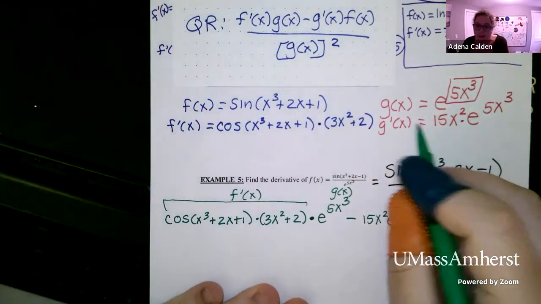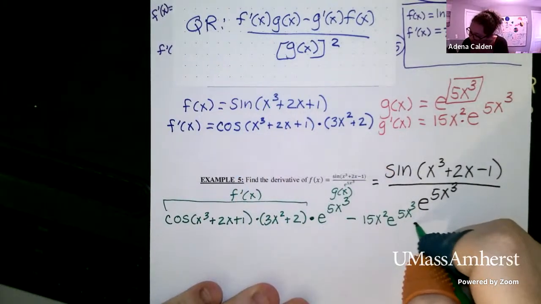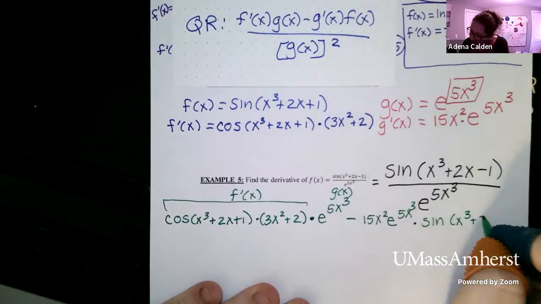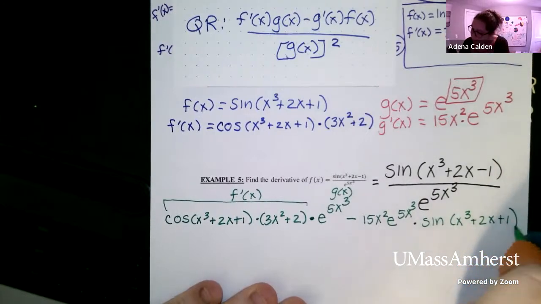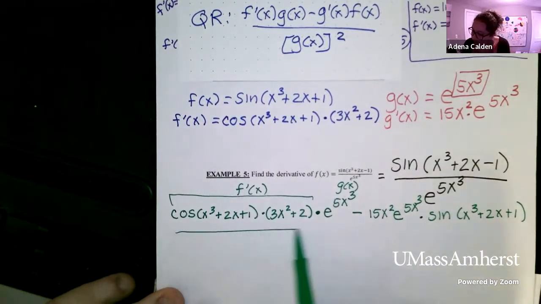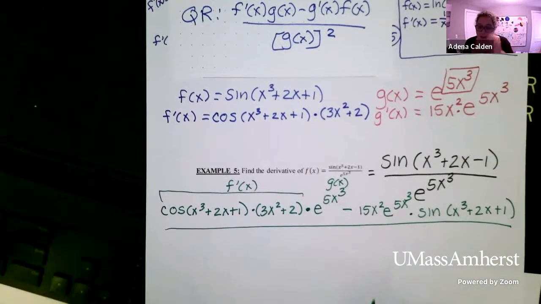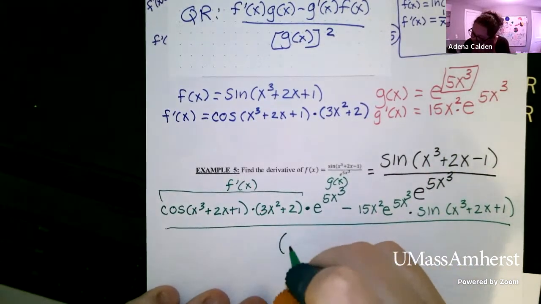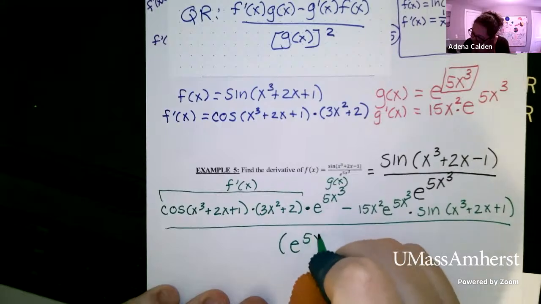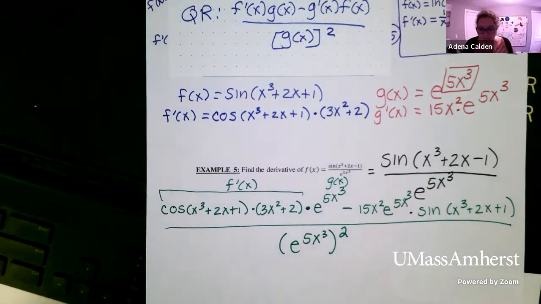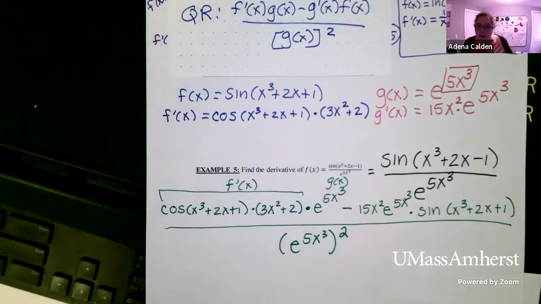That's my g prime times my f term, which is sine of x cubed plus 2x plus 1. Somehow managed to get that all across. Divided by g squared. So I go to my g term. Again, I'm going to put in parentheses e to the 5x cubed, squared.